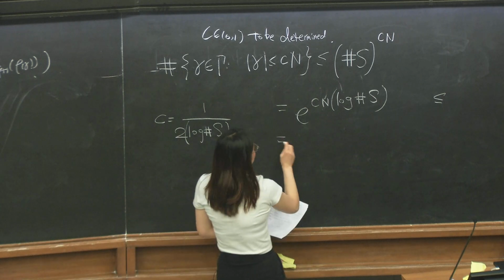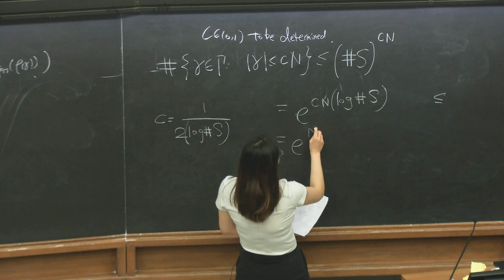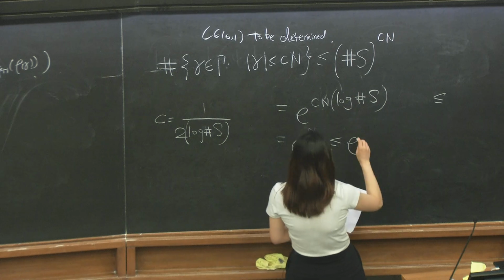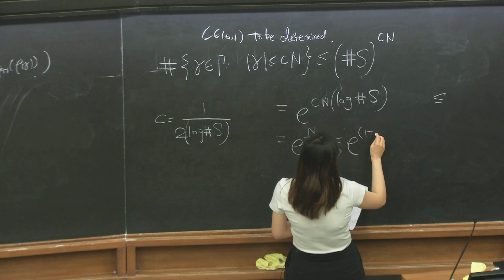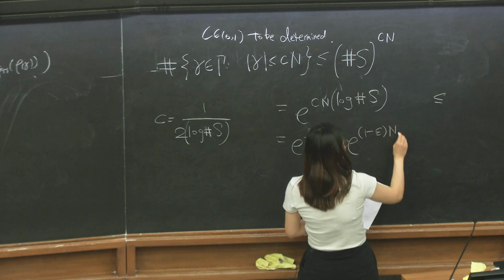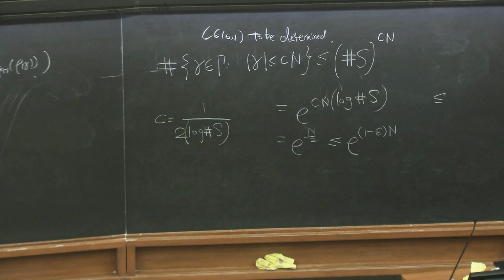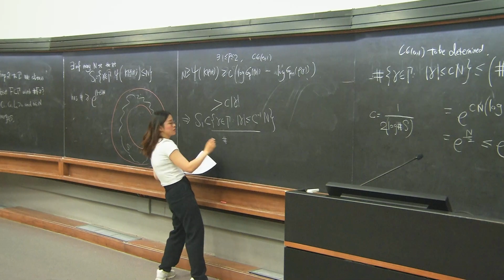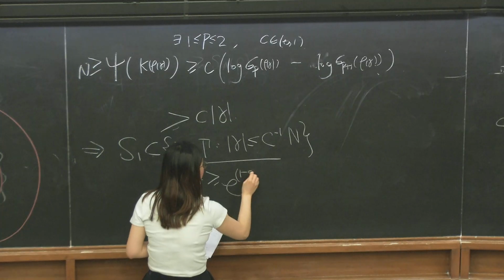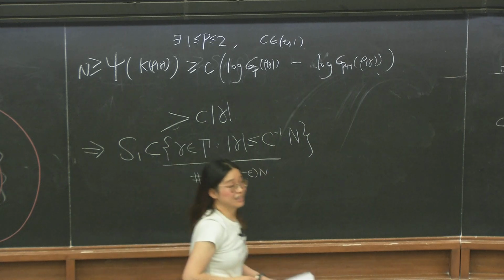And once I have this, I have e to the n over 2, which is less or equal than e to the 1 minus epsilon to the n. Sorry, here I should make a remark: this large ball contains S1, so its cardinality is greater or equal than e to the 1 minus epsilon to the n.